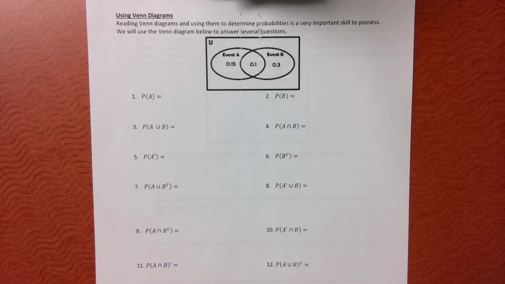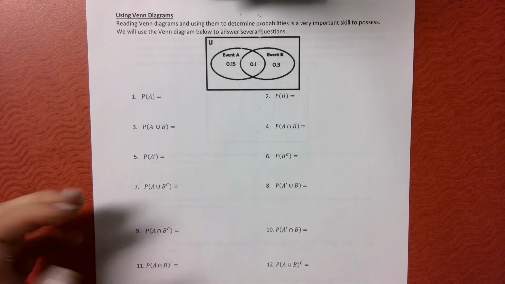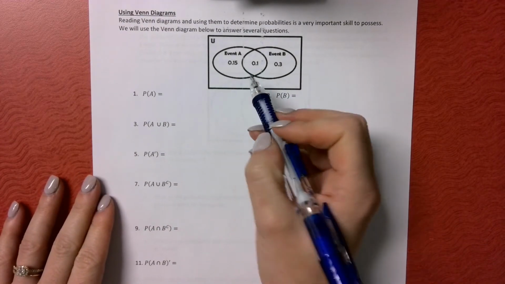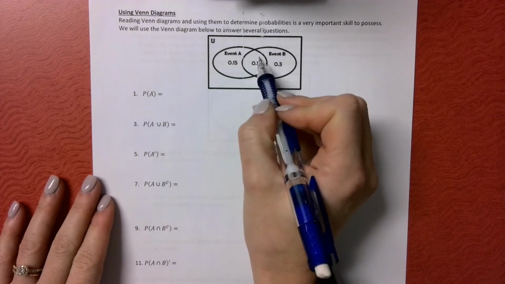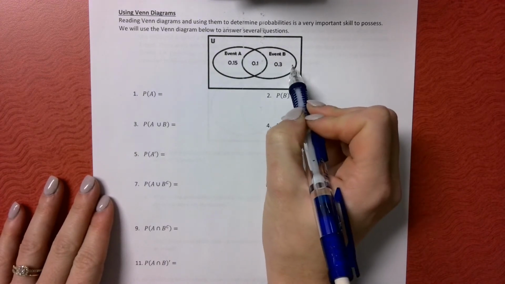On the next page here, we're going to switch gears and talk about Venn diagrams. Reading Venn diagrams and using them to determine several different probabilities is a very common and important skill that you want to make sure you're able to do. So here we have a Venn diagram. They're giving me event A in this circle, event B in this circle.